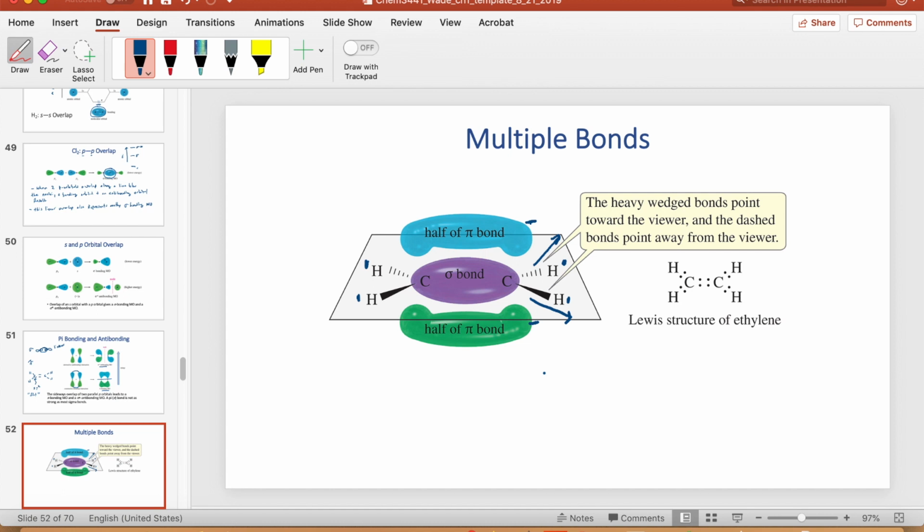And so, of course, this gives us a double bond, and a double bond will consist of a sigma bond, and that's the one in purple that you can see up there, and a pi bond.